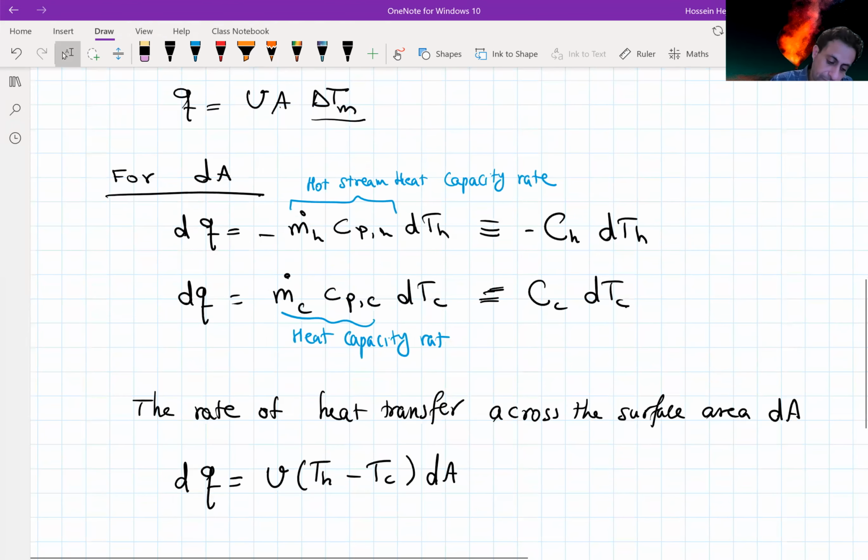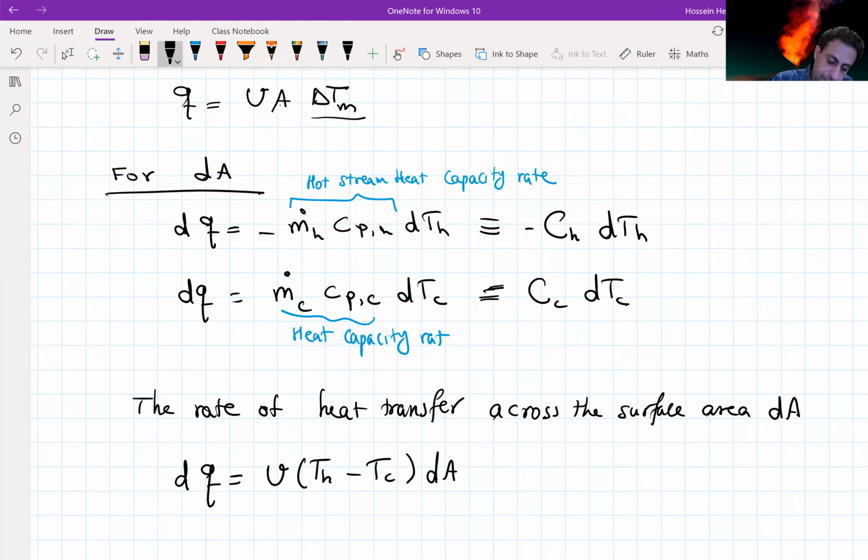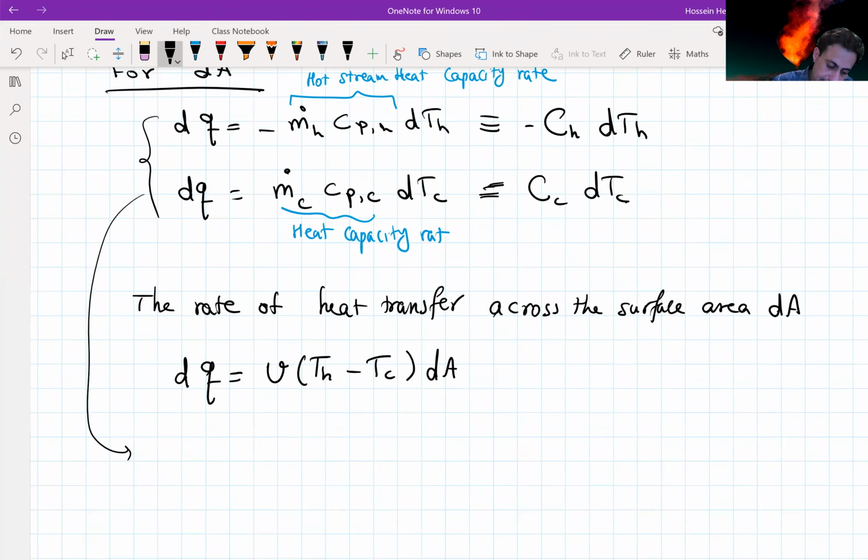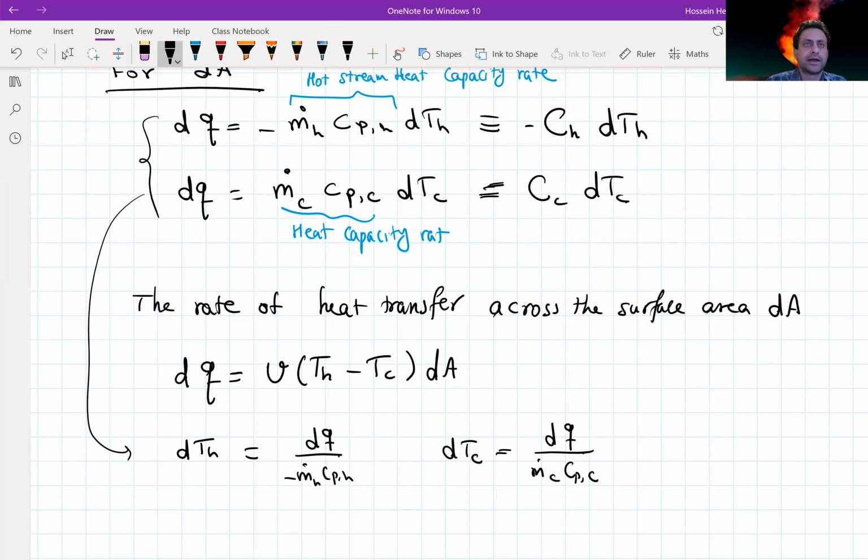Now, from these two equations, dTh is dq over minus m dot h Cph, and dTc is dq over m dot c Cpc.